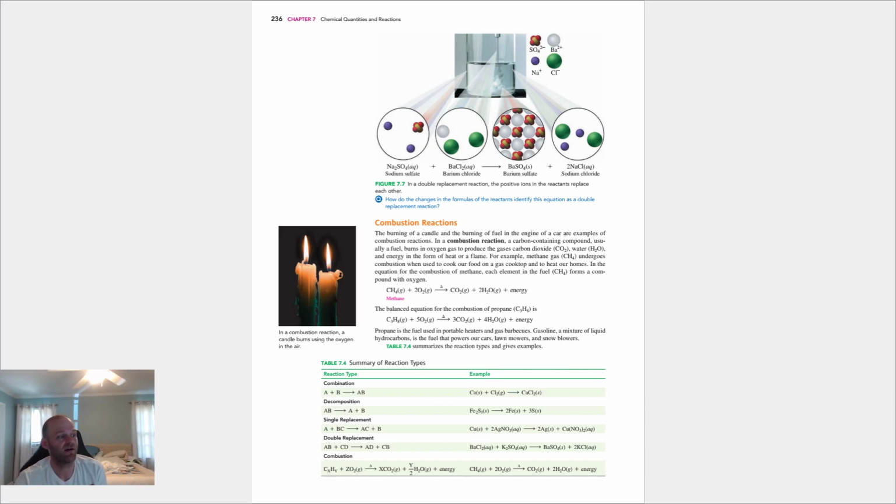Propane would have 3 carbons. Butane, 4 carbons, and those are prefixes that tell you how many carbons are in there. All these are gases. They're also fuels. So you burn it, you add oxygen, it produces water and carbon dioxide every time. And that's a combustion reaction.